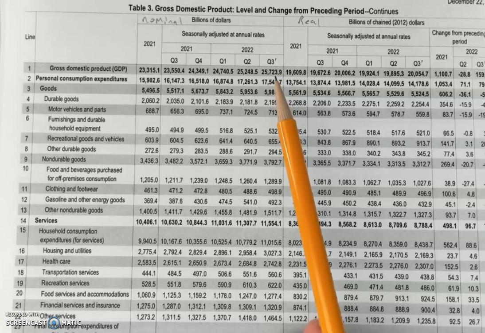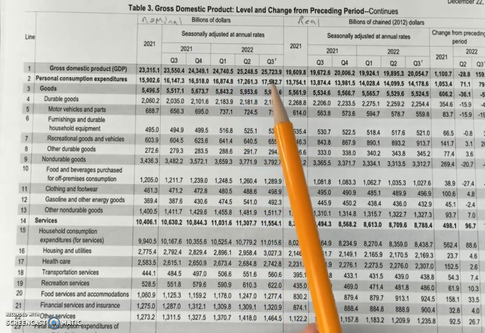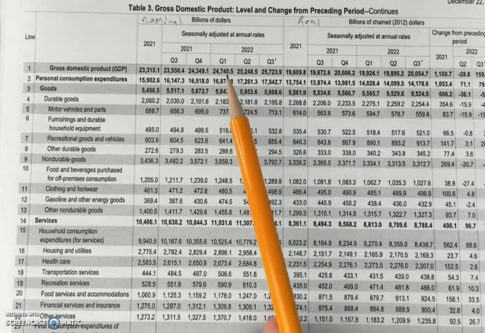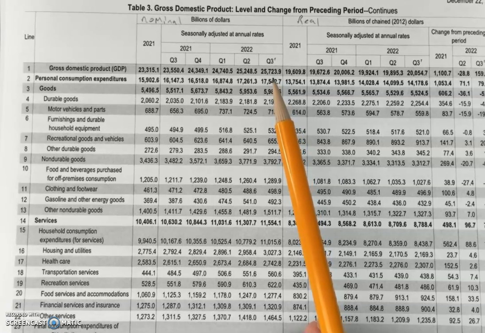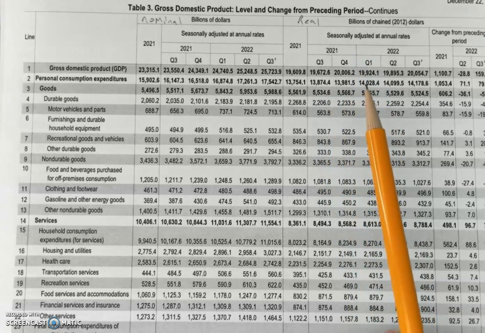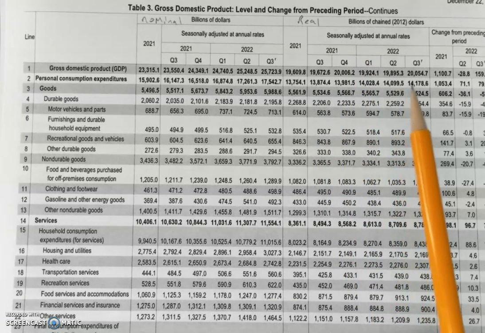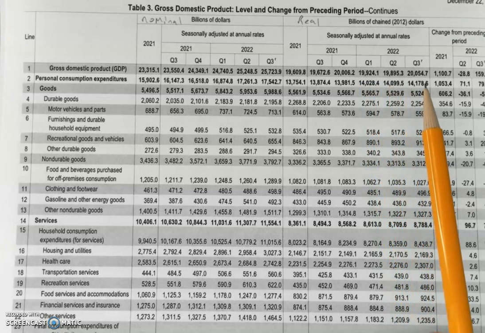The reason this is important is because as we go from quarter to quarter with nominal data, the number here is going up, but that increase could be a reflection of higher output or higher prices. Whereas when we look at real GDP, the changes from quarter 1 to quarter 2 to quarter 3, notice it actually drops a little bit here and then increases here.